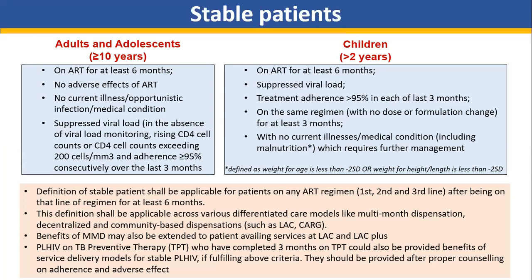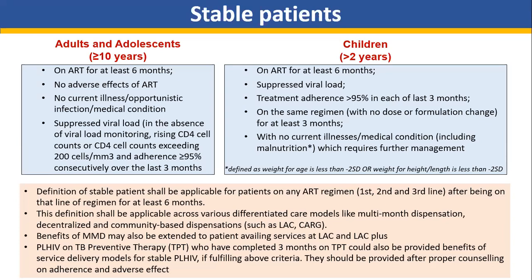There is no other medical condition mandating repeated visits to the center. They have suppressed viral load, there is documentation of a rising CD4 count as well, and their adherence is reported to be more than 95% consecutively for at least 3 months. These are the individuals who can be categorized as stable patients.